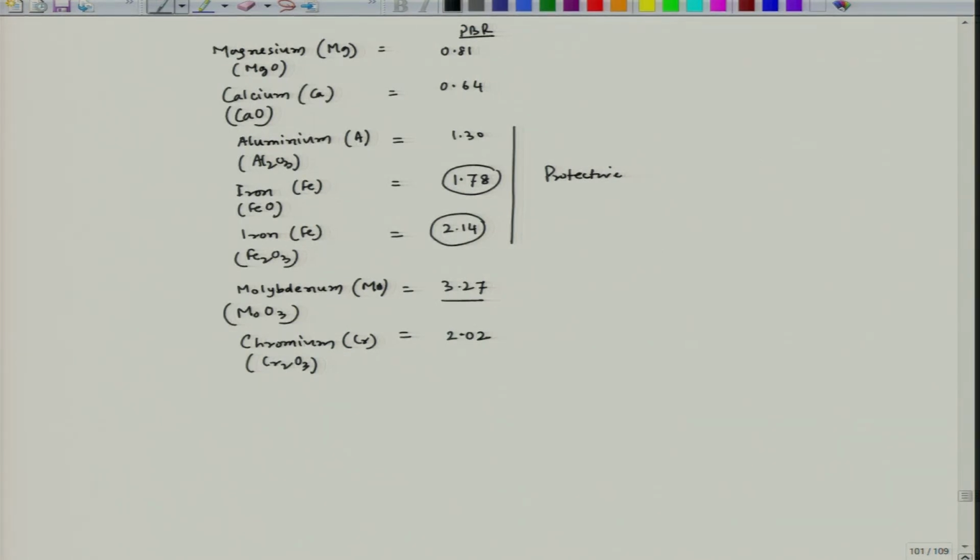And from the balanced reaction, we have to find out how many moles of metal oxide form when 1 mole of metal is oxidized, and that way you can find out. Now, interestingly, this gives an idea. For example, here I can definitely say that it is not covering the entire surface.